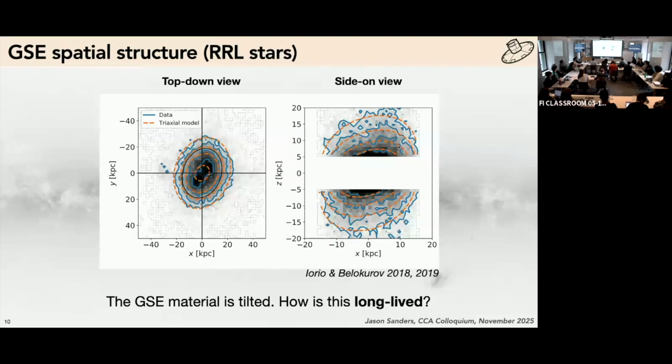And if you look here, this is in a top-down projection, a bird's eye view onto the disk on the left-hand side, and this is looking side on. You see it has a very characteristic, almost triaxial shape. So it's misaligned here in the top-down view in the XY plane. But also you can see here it's tilted out of the disk plane.